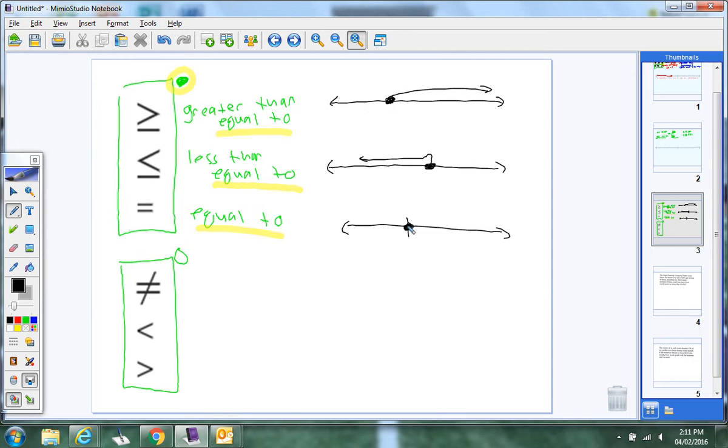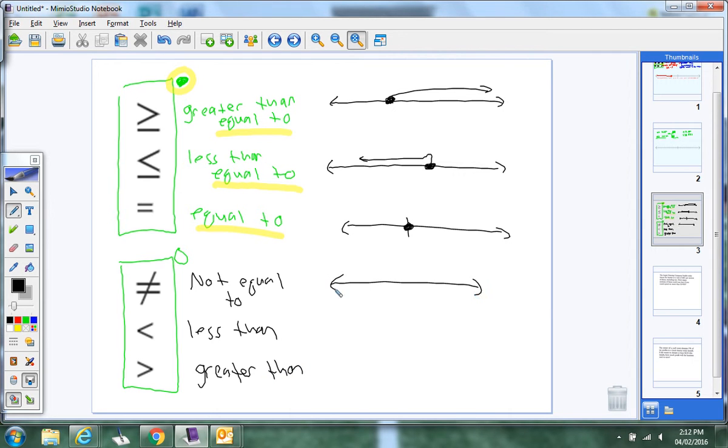Here we go. We have not equal to, less than, greater than. Not equal to, remember, is just the open dot and really goes both directions because everything else is included.